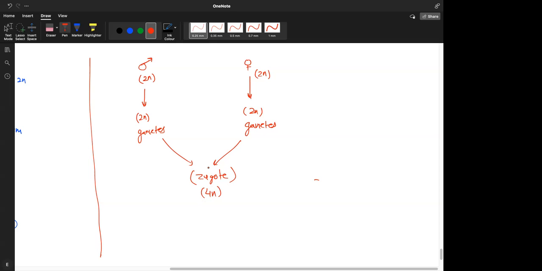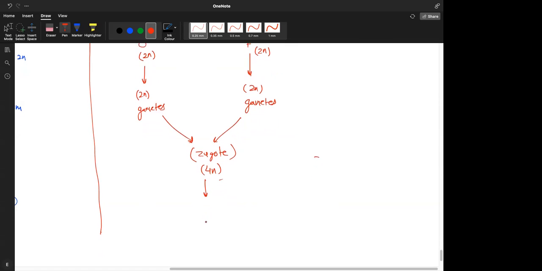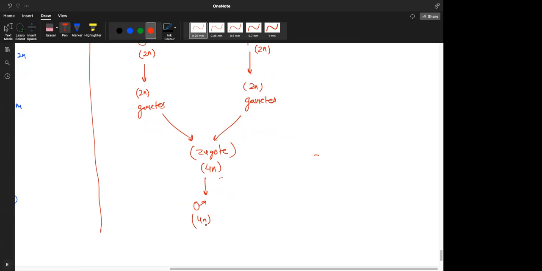And the problem is this 4n, if it survives, since animals cannot tolerate polyploidy. This is all hypothetical, but if meiosis was not present in biology, we would have ended up with this problem. Now this person grew up to become another male, which is 4n.